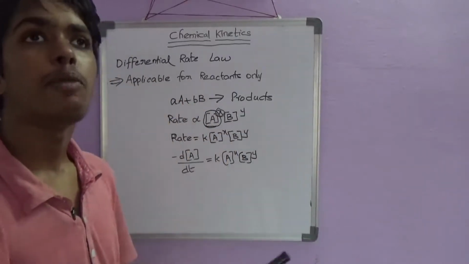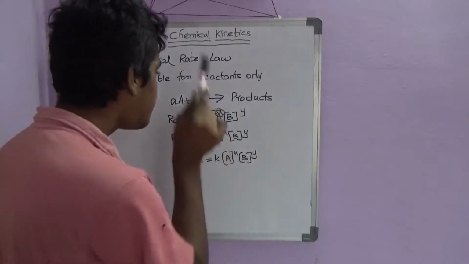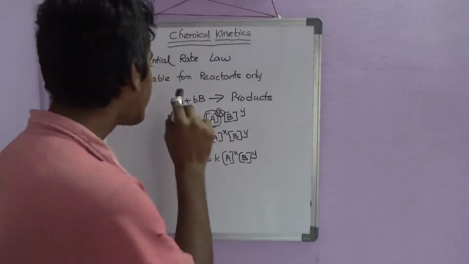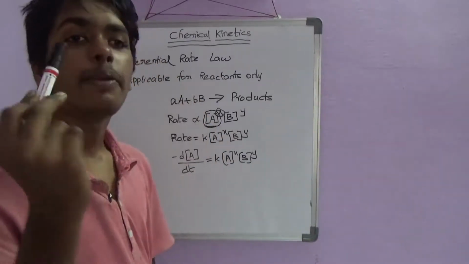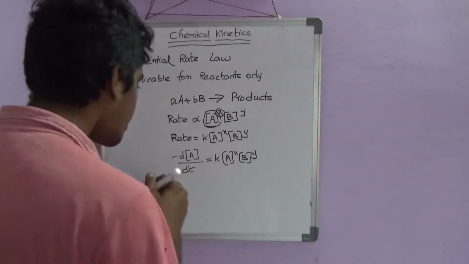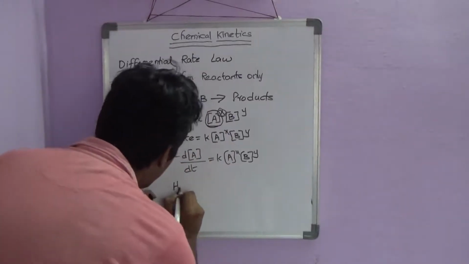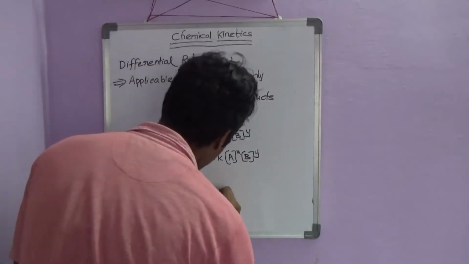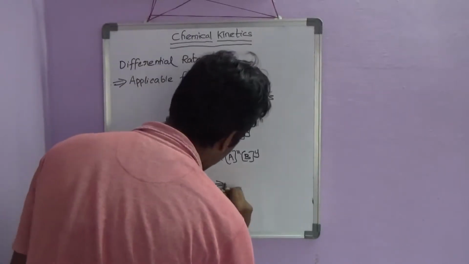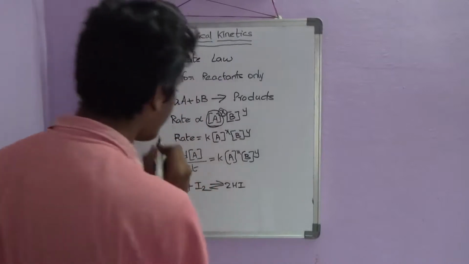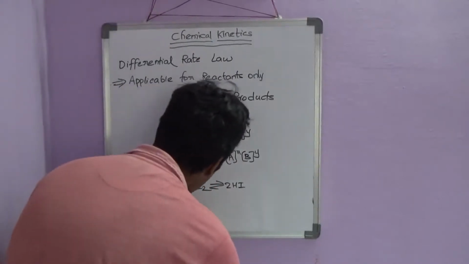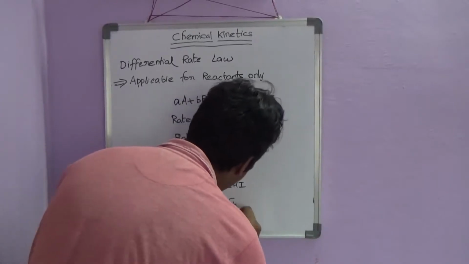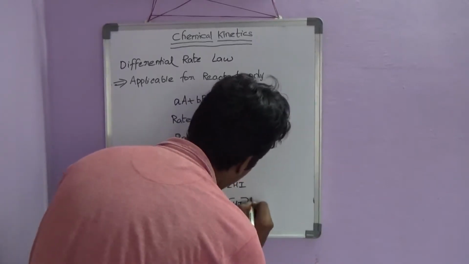Here one important point, x may be the stoichiometric coefficient of the reactant or may not be the stoichiometric coefficient. For example, if we take the equation H2 plus I2 gives rise to 2HI, now here rate is equal to k into HI whole square.